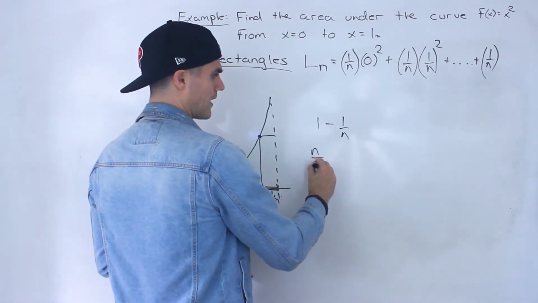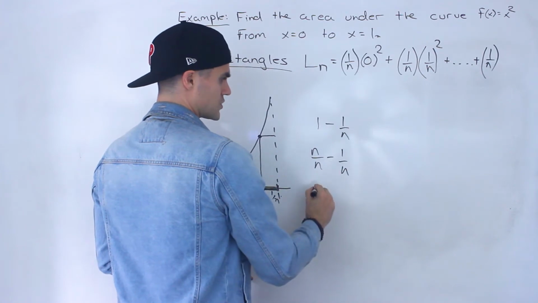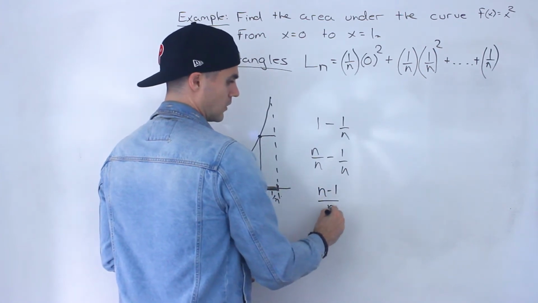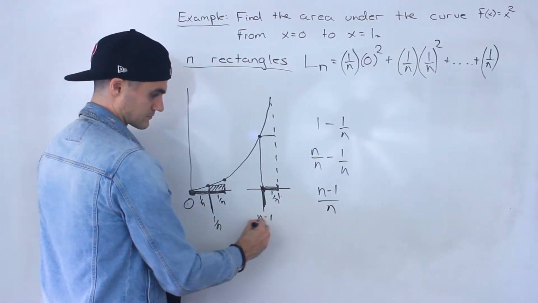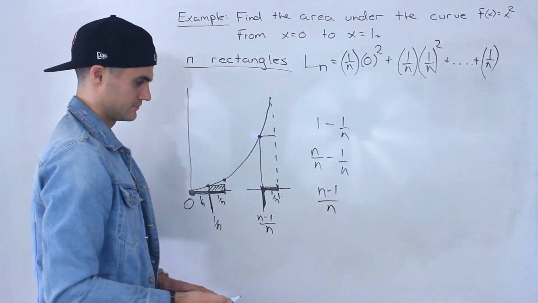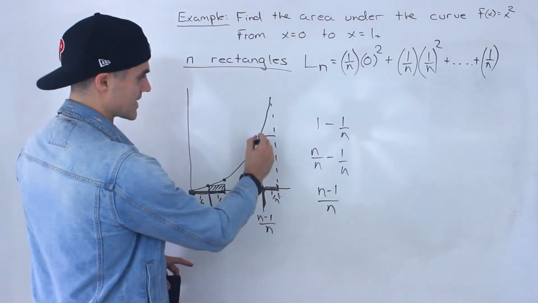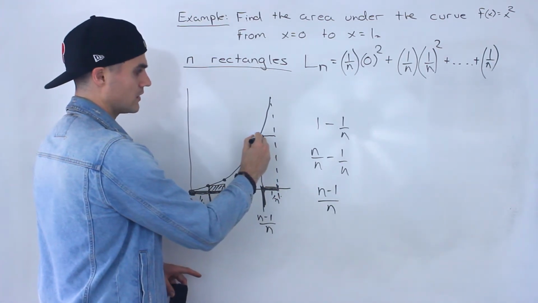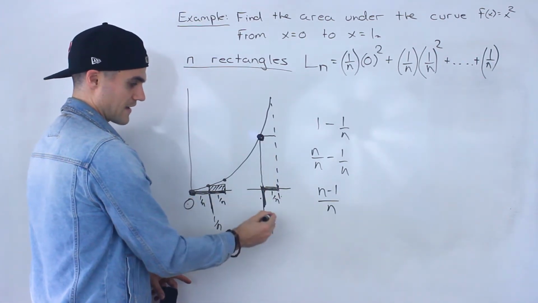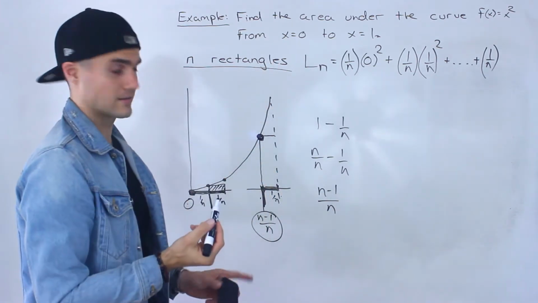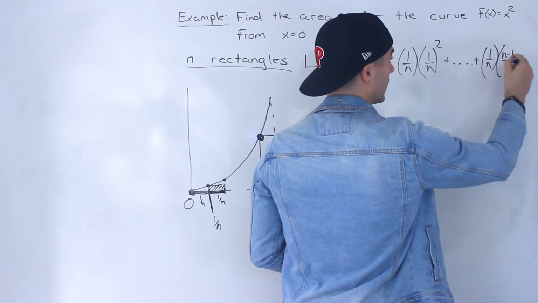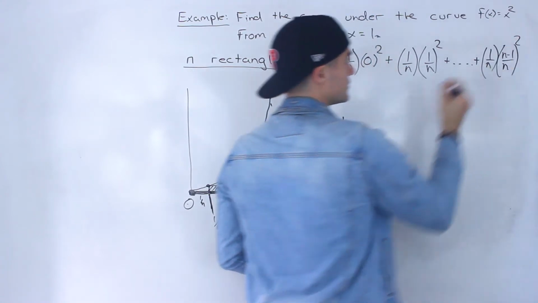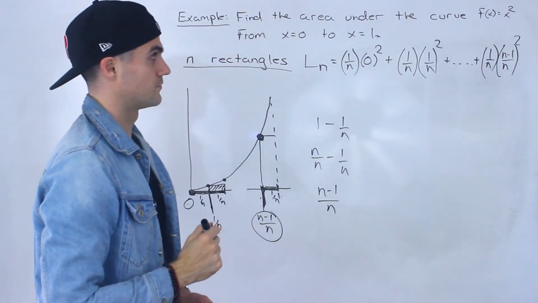So it's like n over n minus 1 over n, which is just n minus 1 over n. That's what this x value is going to be. And to get the height of this point, we have to plug this x value into that function. So it's going to be n minus 1 over n to the power of 2.